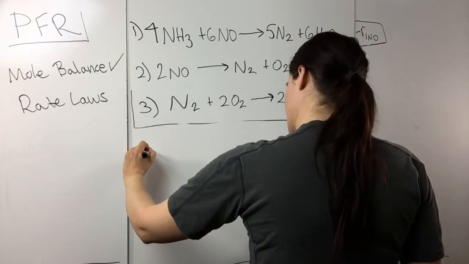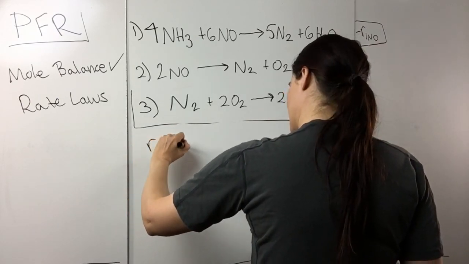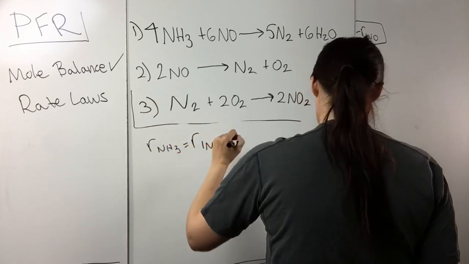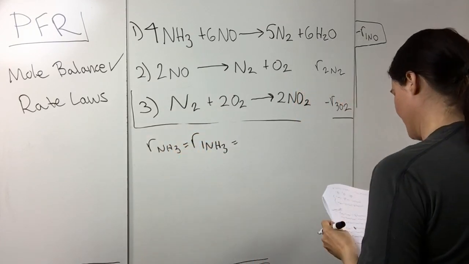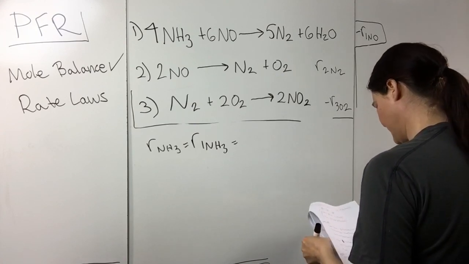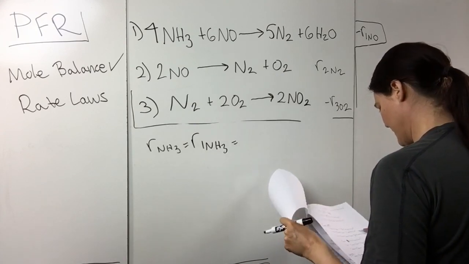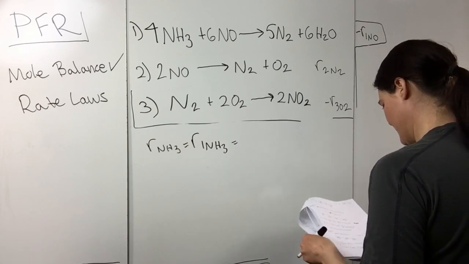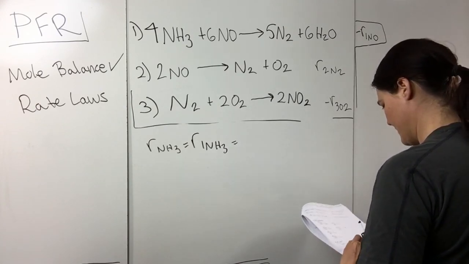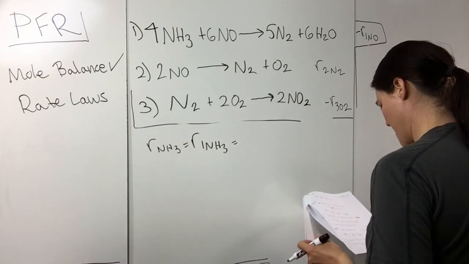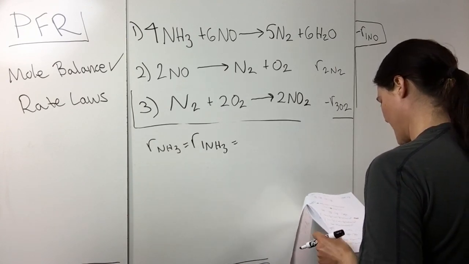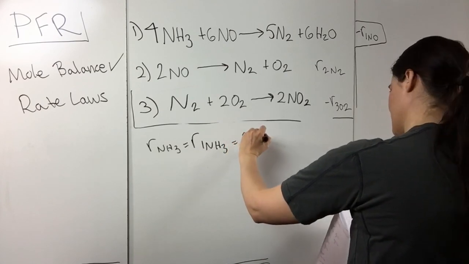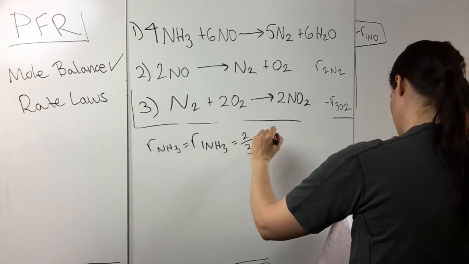For the first one we had R_NH3 is equal to R1_NH3, and we know that was 2/3 R1_NO.